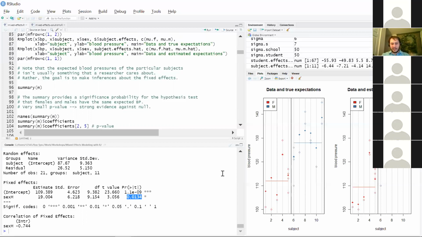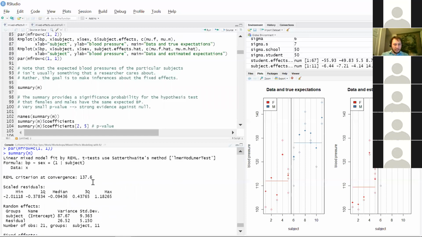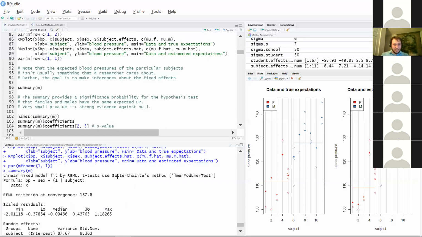Now keep in mind that there's some controversy over these p-values because you have to make some approximations in justifying the formulas for the tests. And if you scroll up, it'll say t-tests use Satterthwaite's method, and that's one of a handful of ways people have come up with for doing approximate testing in mixed effects modeling.